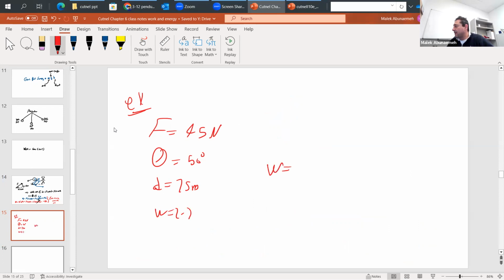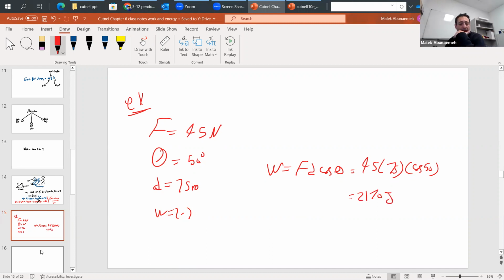Again, your work is going to be FD cosine theta, which is 45 times 75 times cosine 50. Plugging this in, you get 2,170 joules.